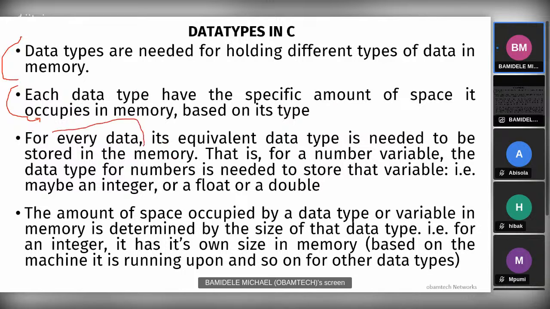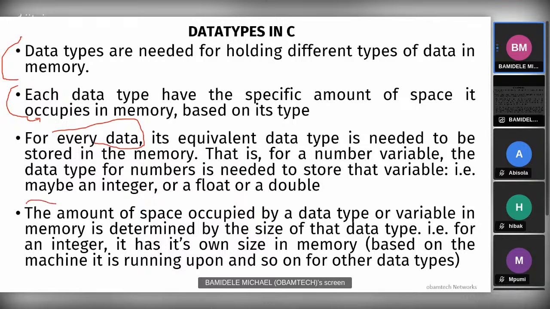For every type of data, example of the types of data that we always have, you can have a character, you can have a string, you can have an integer, you can have a floating point data, or you can have an array, you can have a union and all of that. So for every type that you are storing, there is an equivalent amount of space that the computer will allocate for them in memory.